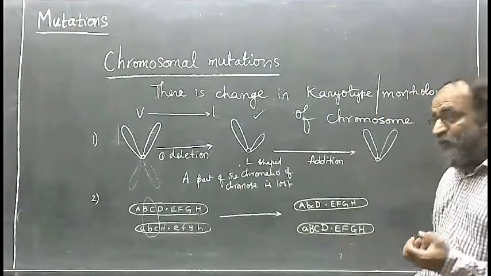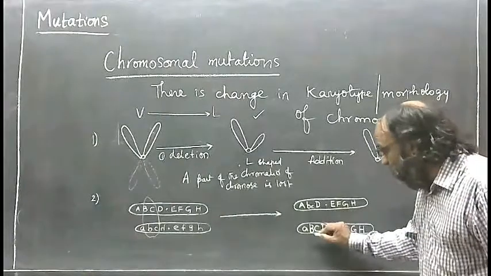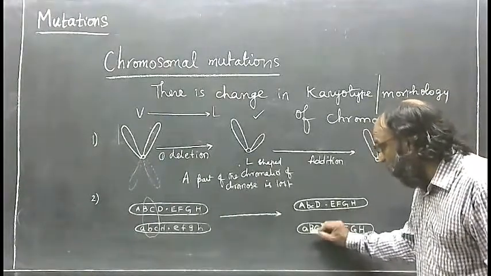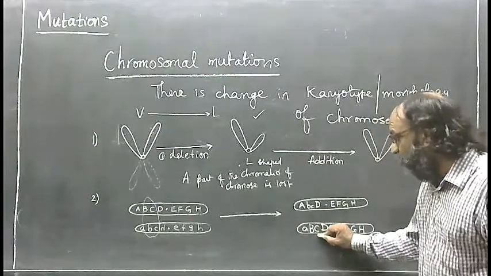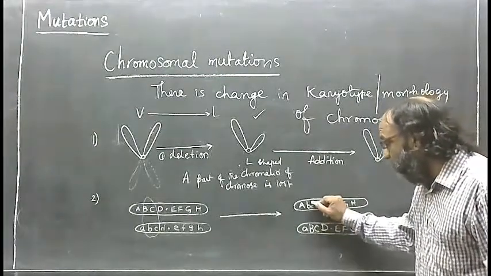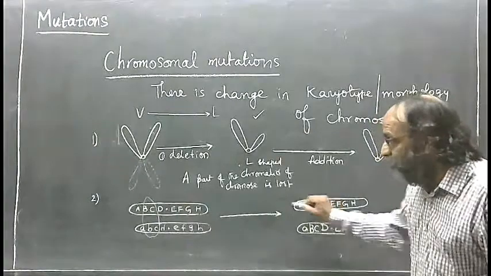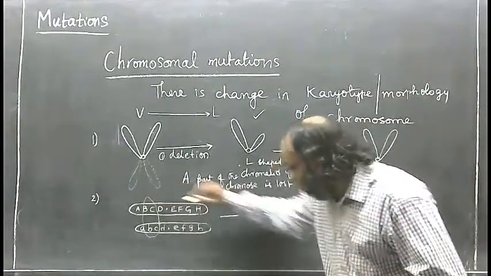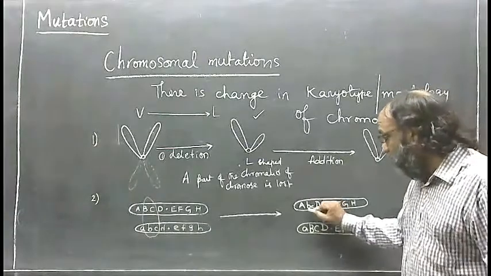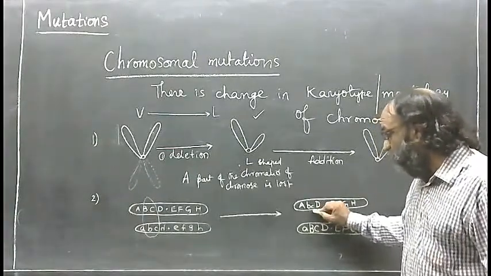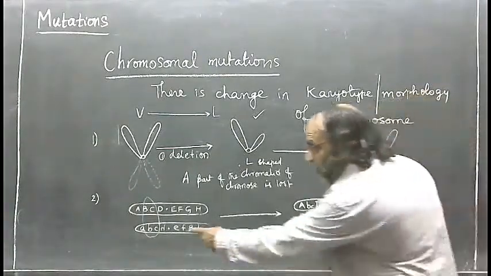What will happen? These segments, capital B and capital C, are from this chromosome. And in this chromosome, the small b and small c segments are from the other chromosome.